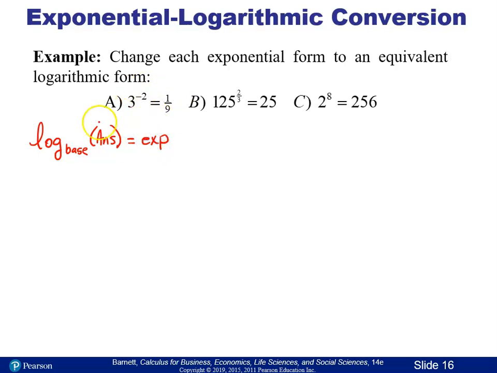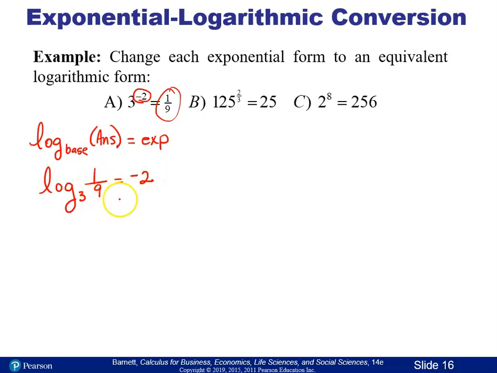So when I'm putting it in logarithmic form, my base is 3, so it's going to go here. My answer is the part over here on the other side of the equals, so that's going to go here. And then your exponent goes over here on the right side.